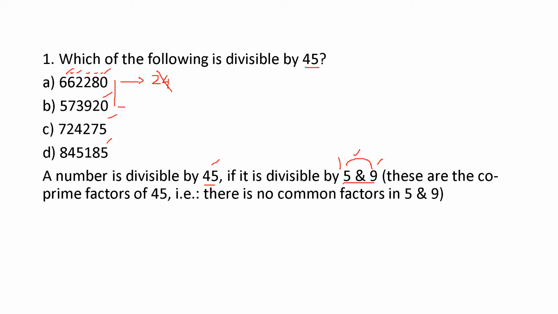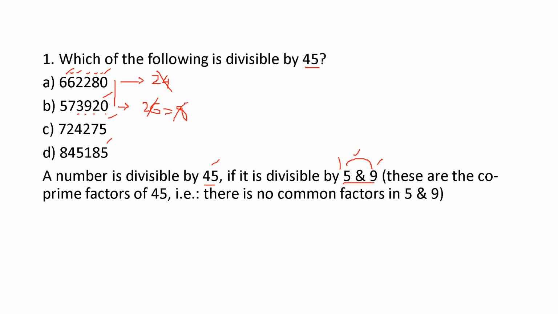Next is 5 plus 7 plus 3 plus 9 plus 2 plus 0, and it is 26. Same case, 26 is not divisible by 9. Or you can take 6 plus 2, 8 also. 8 is not divisible by 9.